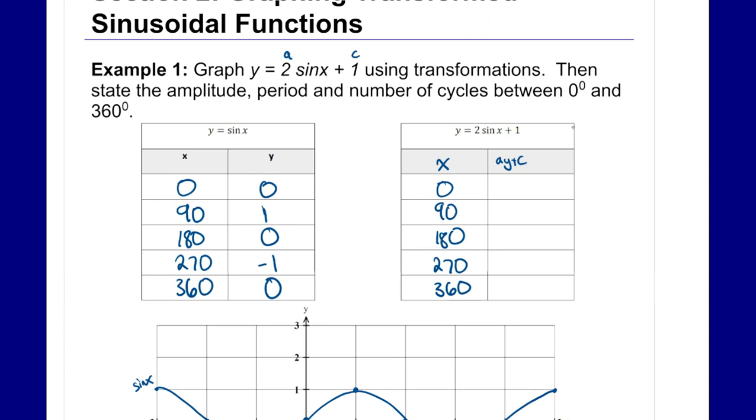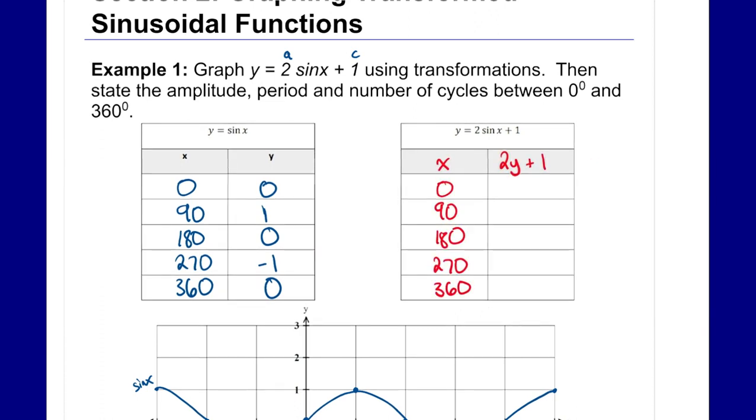My y value, though, is going to have some mapping notation, because I have 2 for a and 1 for c. So this becomes 2y plus 1 for our mapping notation. Let me change these colors just to keep it consistent with the transformed function.